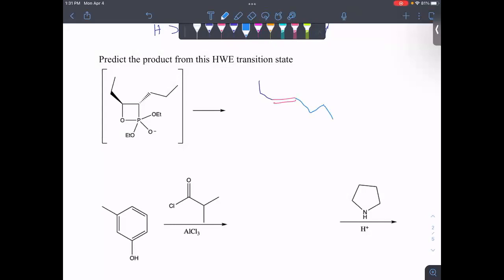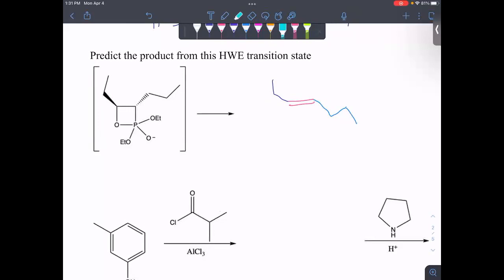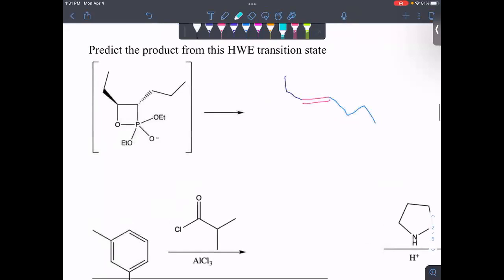So with the transition state, you just have to cut it down the middle. There are two halves of the transition state. The top half is the half you're concerned with. It's the R groups that are bonded in the final product that we wanted. The bottom half is just the side product, the oxygen phosphorus stuff.